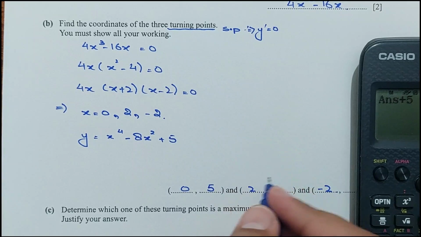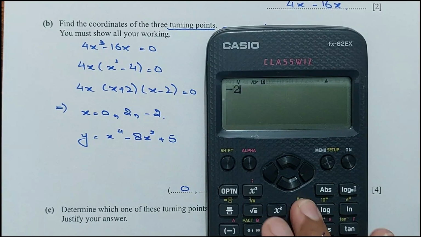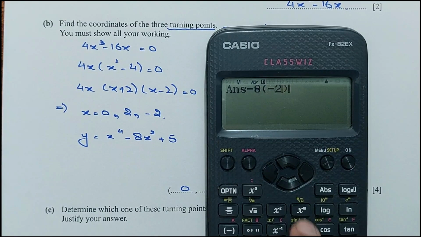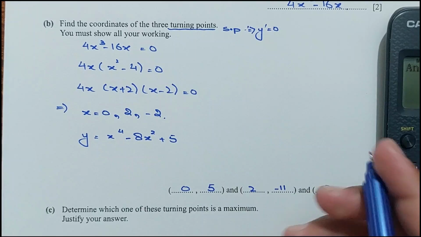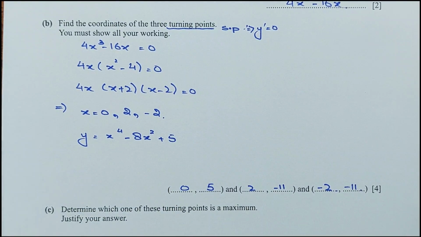This is negative 11. And for minus 2, minus 2 to the power 4, minus 8 times minus 2 squared, plus 5, it's negative 11 again. These are the coordinates of the 3 turning points.